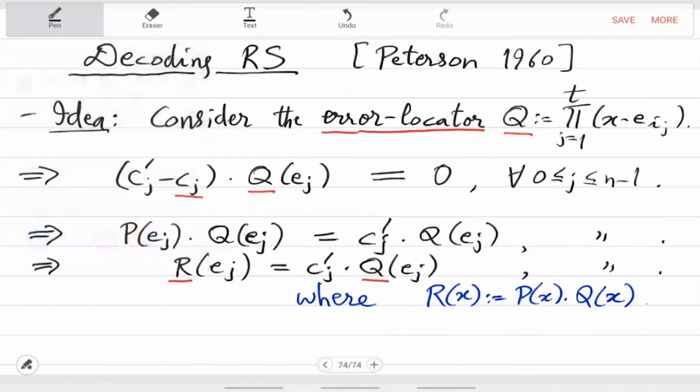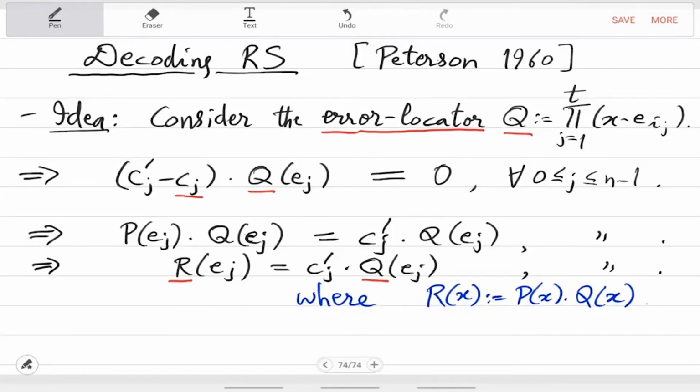What are Ej? Ej are the points from the finite field at which the evaluations are taken. These are the arguments. So in terms of the coefficients of R and Q, what type of an equation is this?